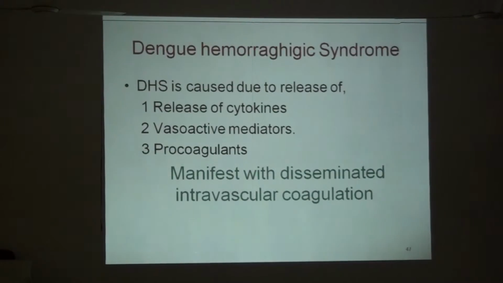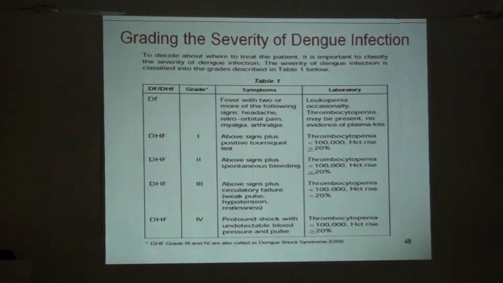Dengue hemorrhagic syndrome is caused by the release of cytokines, vasoactive mediators and procoagulants, which leads to disseminated intravascular coagulation, which is fatal and causes dengue shock syndrome.